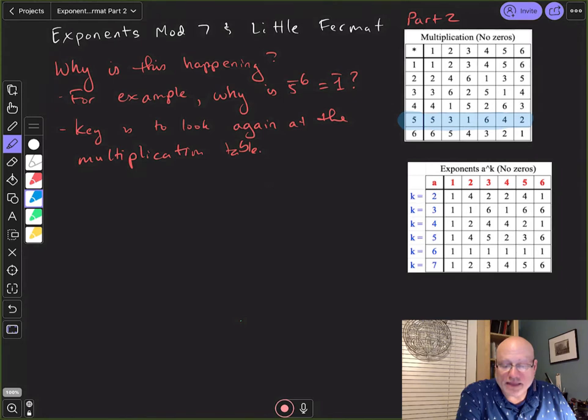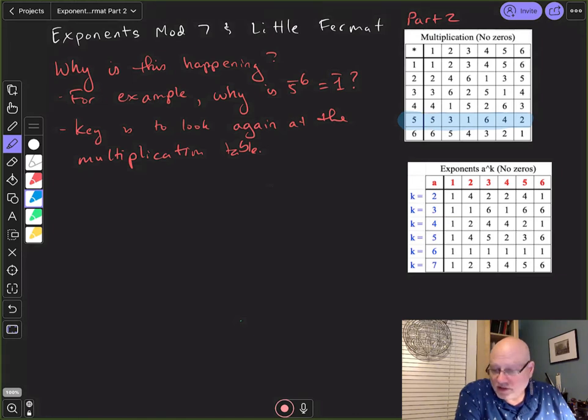This is based on an important fact from chapter 8 that may have been off the radar then, but it is really important now, and that's the fact that every non-zero element of Z mod 7 appears exactly once in each row. This is relying on the fact that we're dealing with a prime modulus.